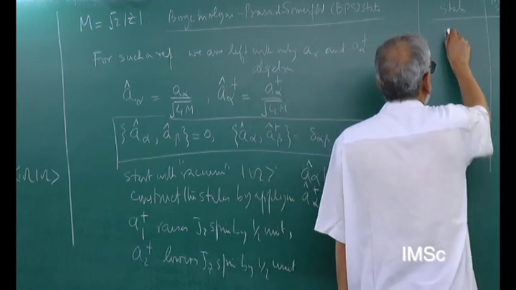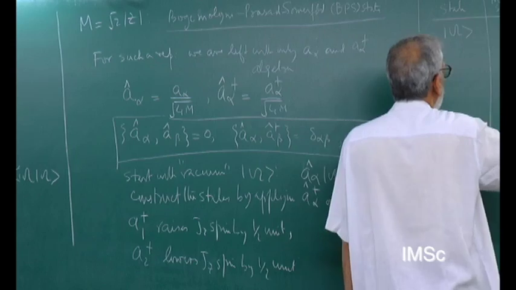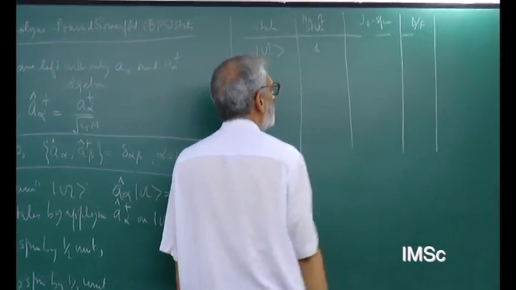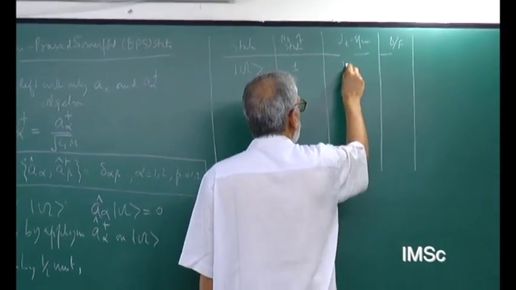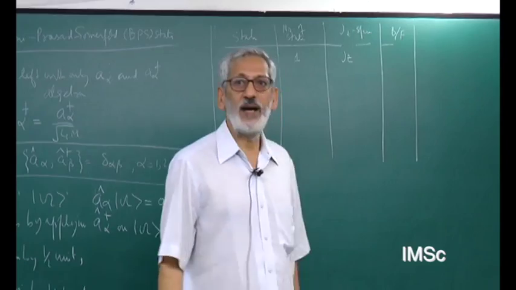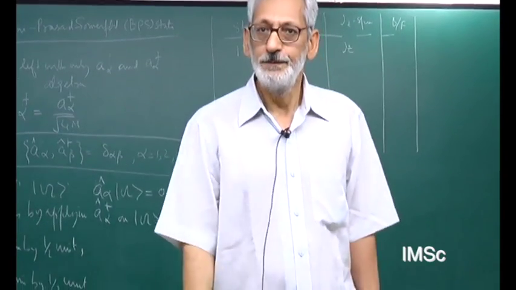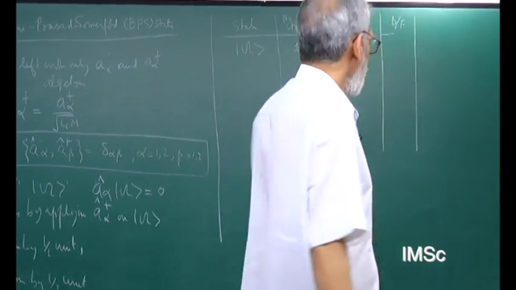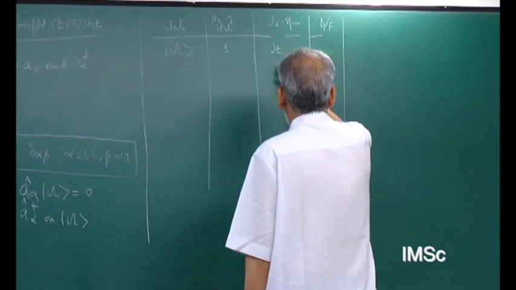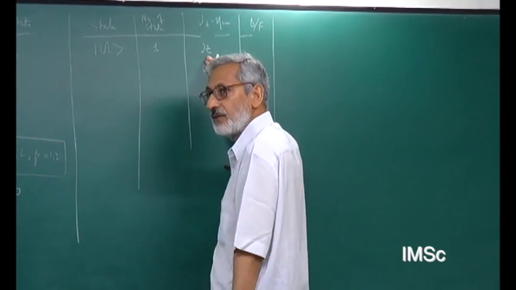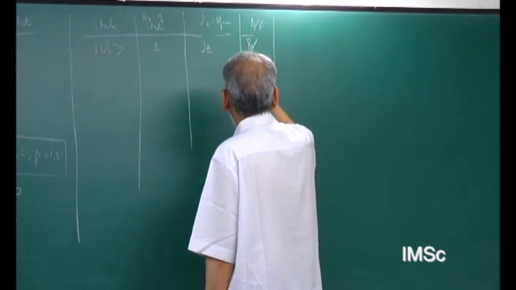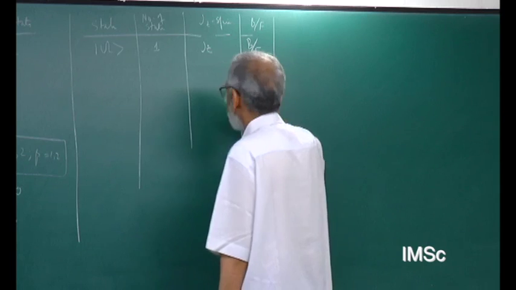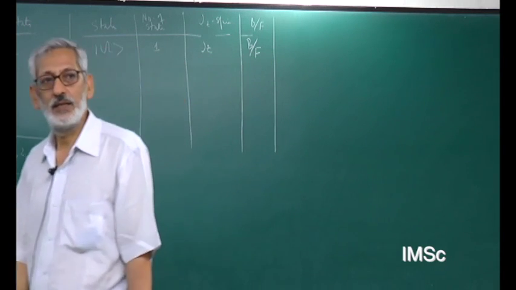So, let me start with the vacuum state, the ground state with one state, and give it a Jz spin value. Now, if Jz is integer valued, it will be a boson, and if Jz is half integer valued, it will be a fermion.